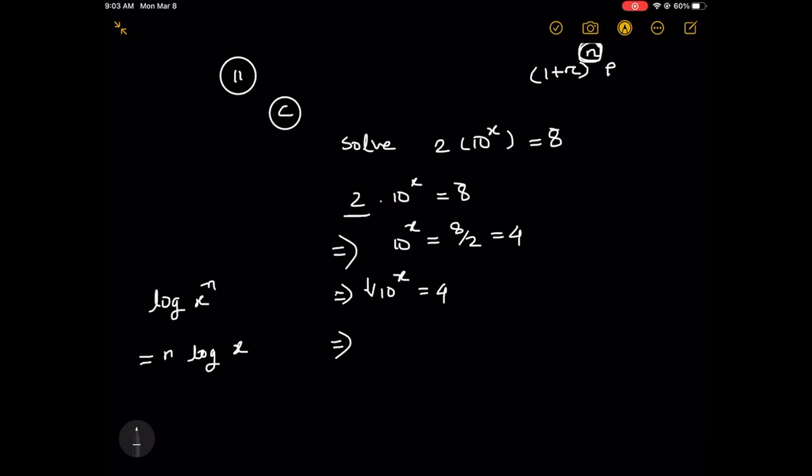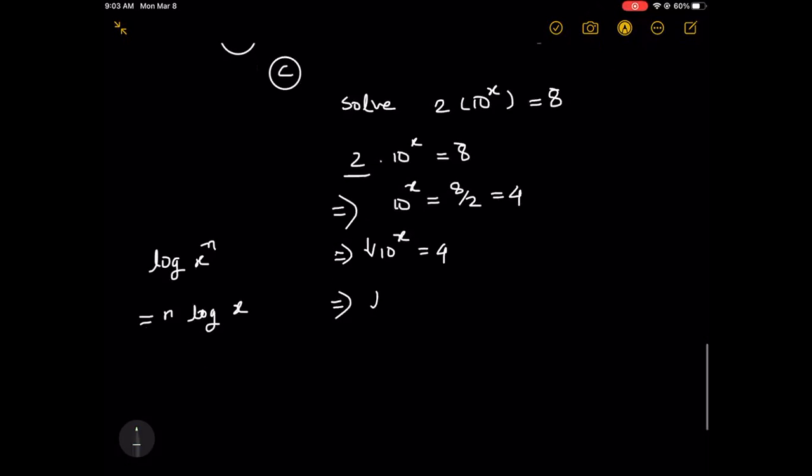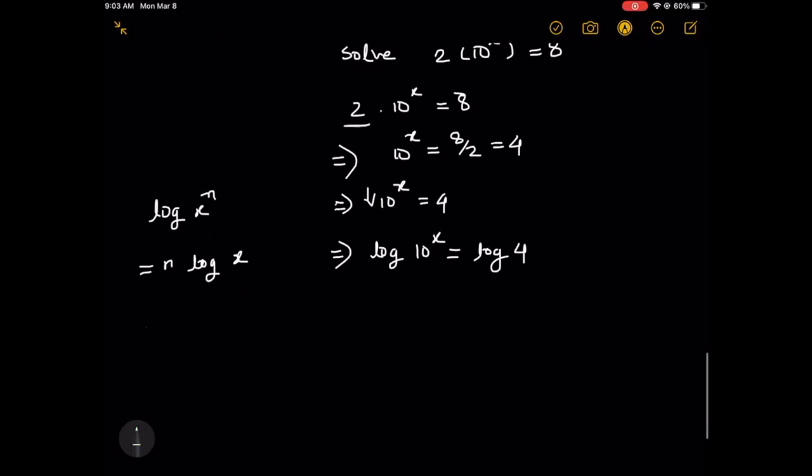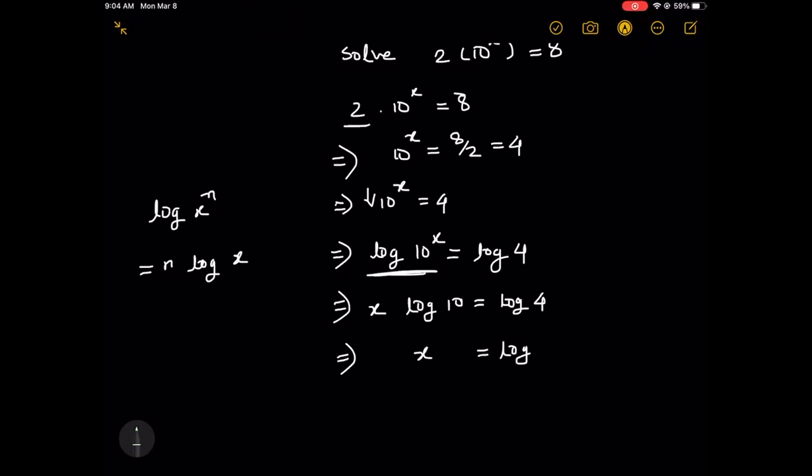We don't, so we can take log on both sides, because if you remember, whatever we do, we need to do on both sides. Now we can use this property, so x will come in front. x times log of 10 equals log of 4. Log of 10 gives us 1. So x equals log of 4.